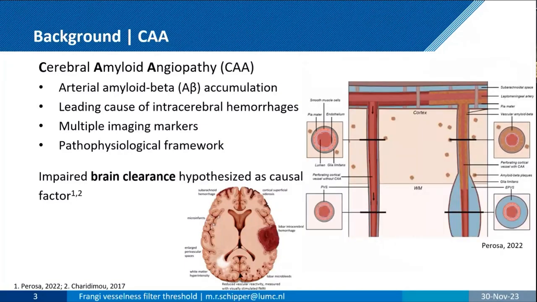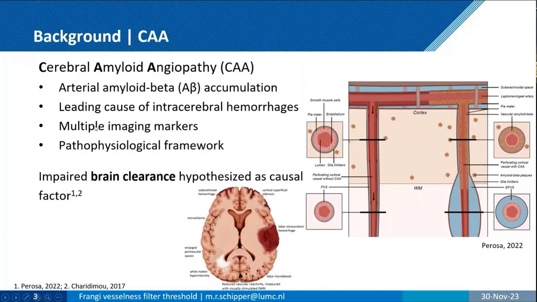CAA has also been related to brain clearance. We think that impaired brain clearance might play a role in CAA, and it's even hypothesized as a causal factor. This is partly depicted on the image on the right. In the cortical part of the vessel, you see amyloid beta accumulation along the vessel wall.